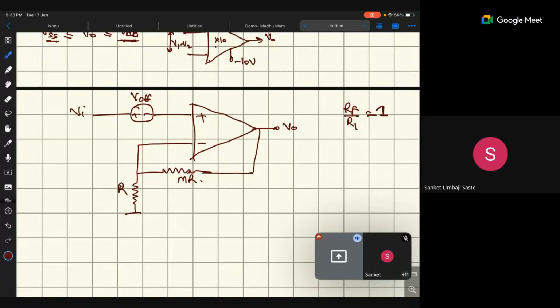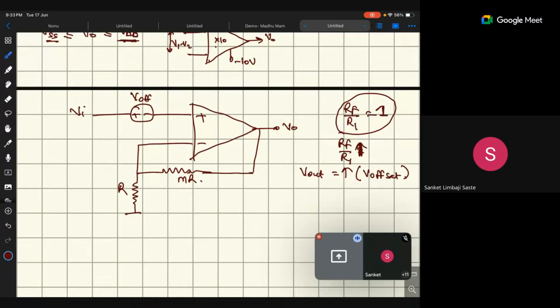But if the ratio RF upon R1 increases, this output voltage V out also increases because of V offset.